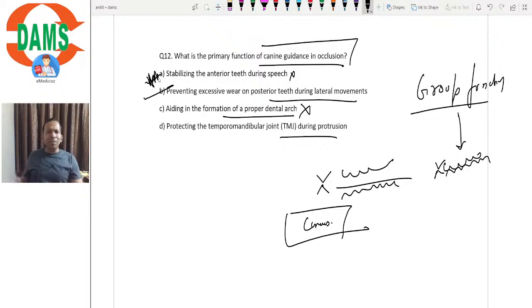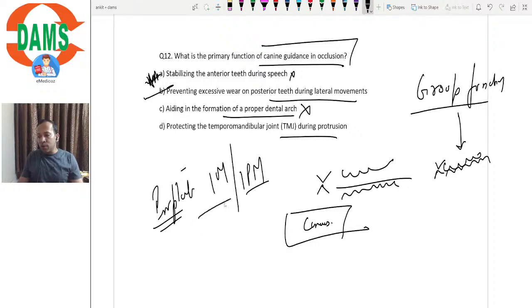You must have seen the clinical application sometimes in endo or prostho. There they often ask you that if an implant is given in the first premolar or the first molar region, then which type of guidance would you like to have to get minimum damaging forces on your implant or on your FPD?